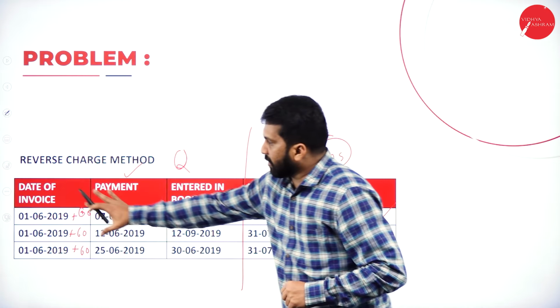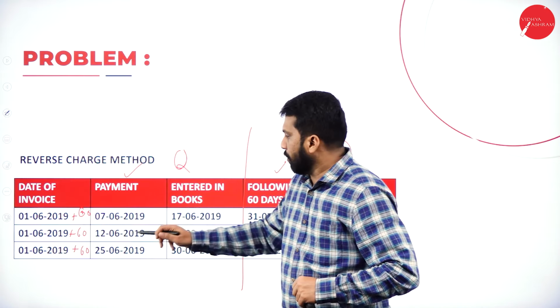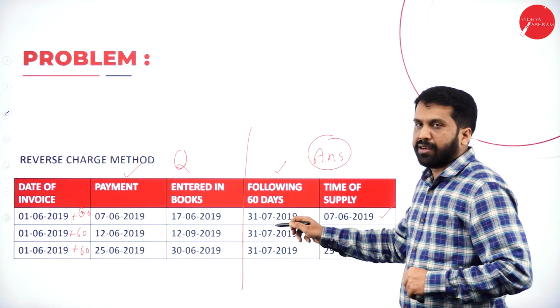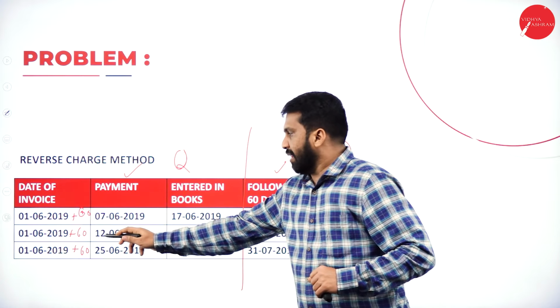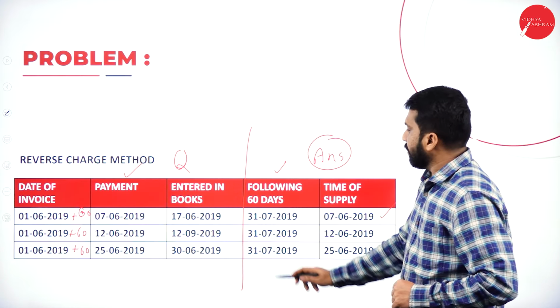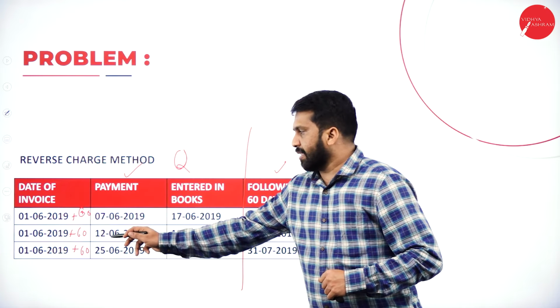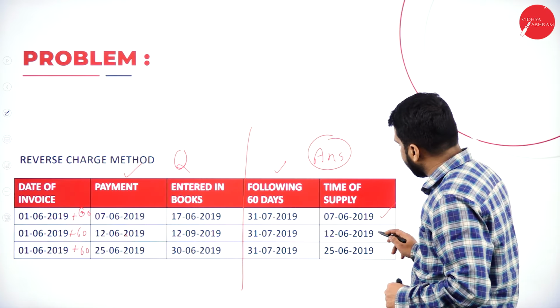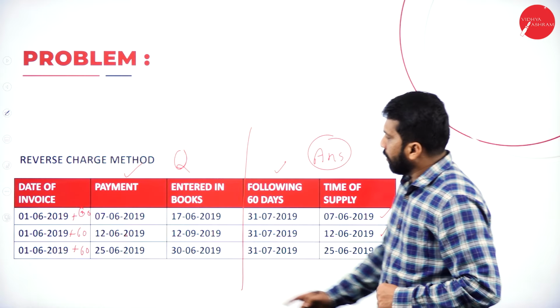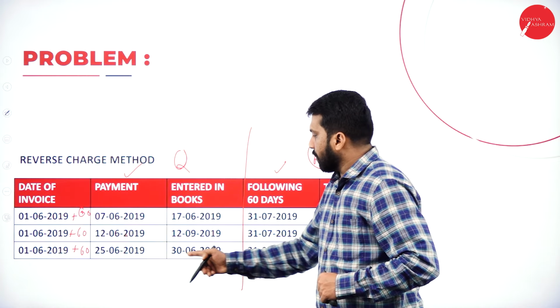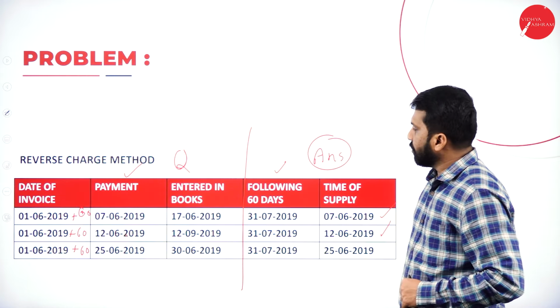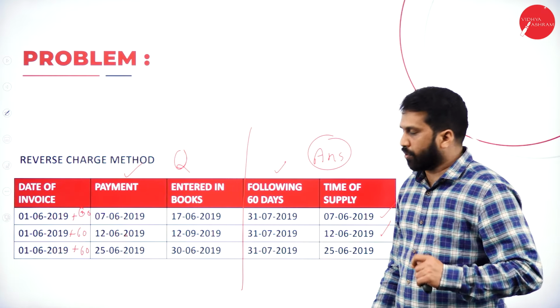Now, don't consider the date of invoice. Only these columns and your answer. Now, 12/6, 12/9, 31/7. Whichever is earlier. 12/6 is earlier. Take 12/6. Next, 25th June, 30th June, 31st July. Which is earlier? 25th June.